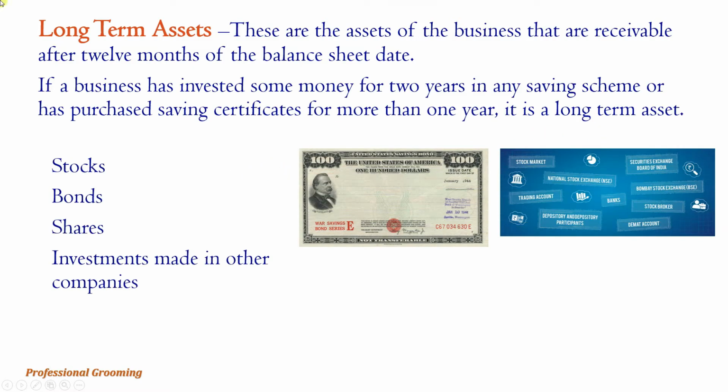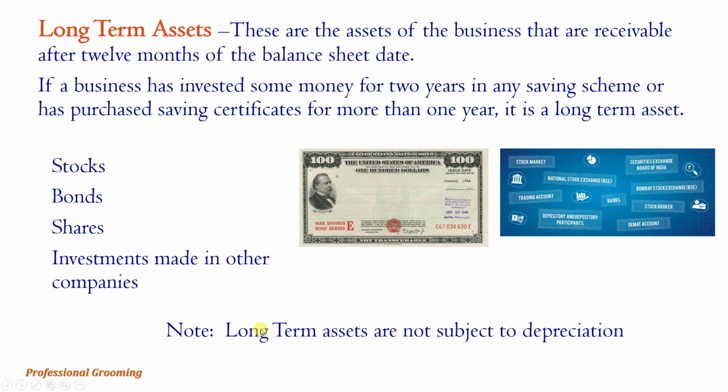For example, stocks, bonds, shares, investment made in other companies and getting profit. These are examples of long-term assets which are more than 2 years, and we are getting benefit from those assets. Note, long-term assets are not subject to depreciation because we are not using them ourselves in our production.